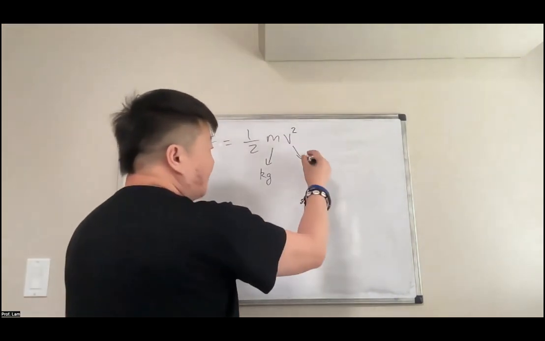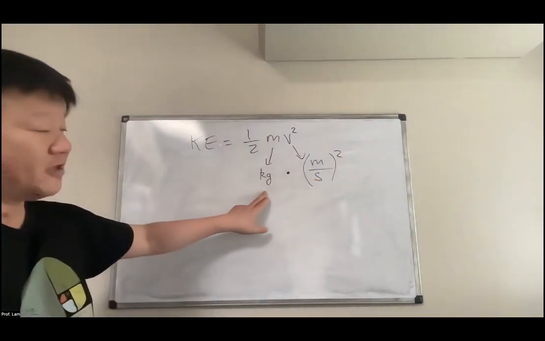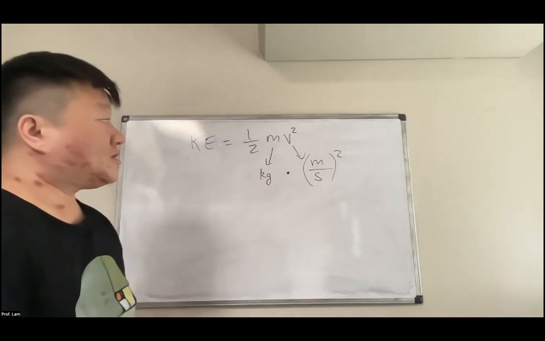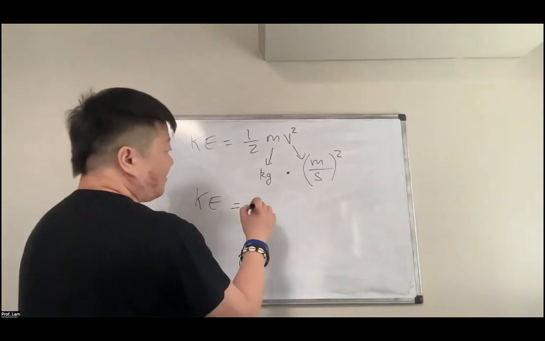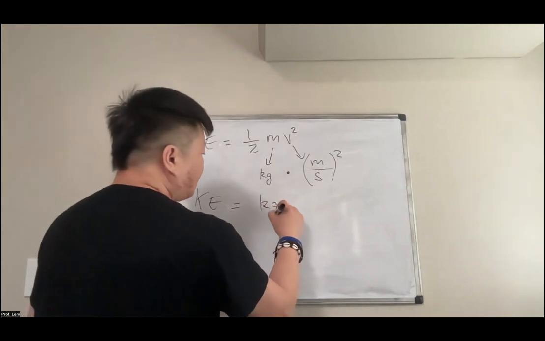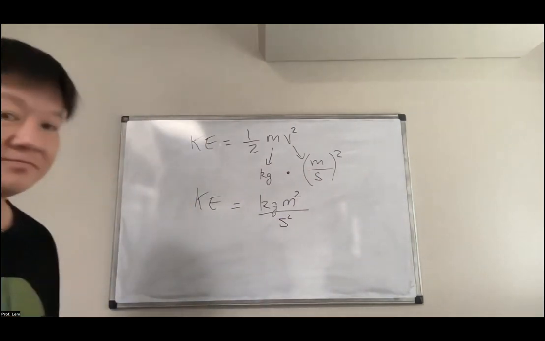Now you square that, and so this is what you get: kilogram times the quantity meter per second, squared. So that makes the units of energy kilograms meter squared per second squared.